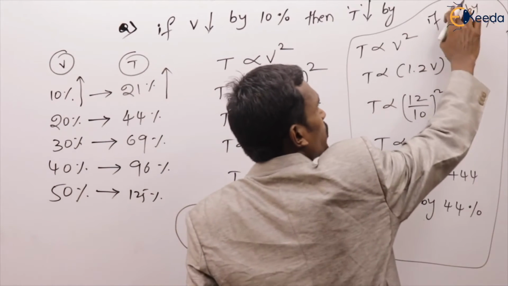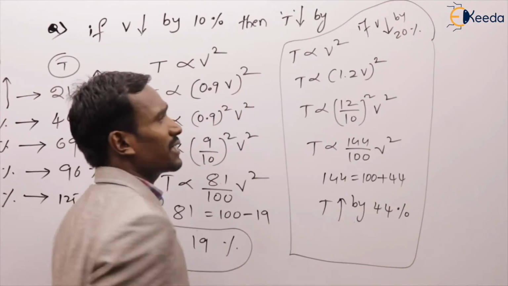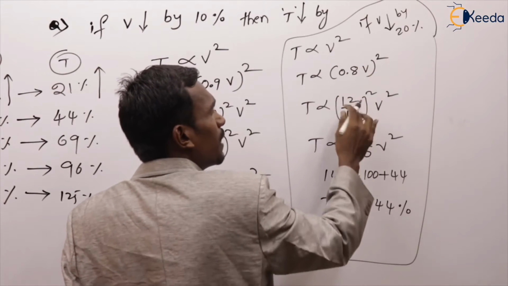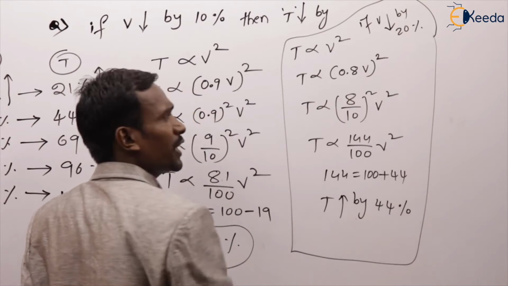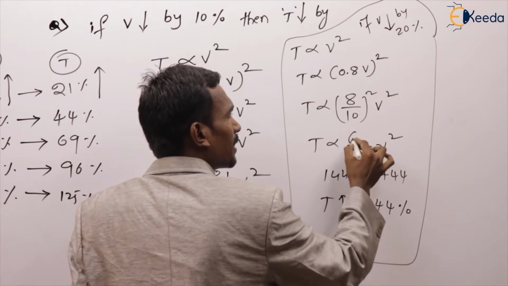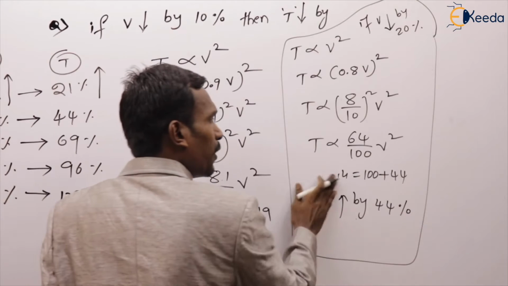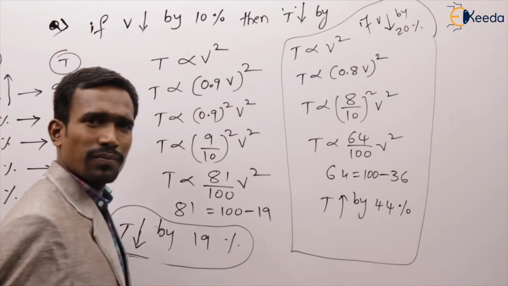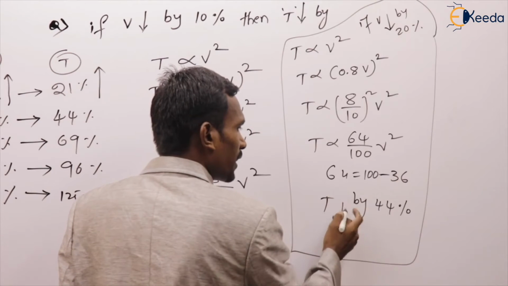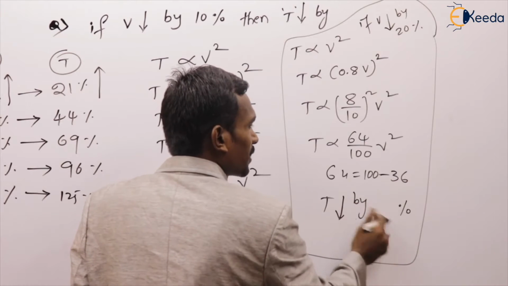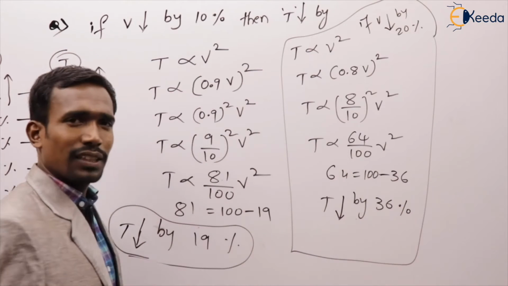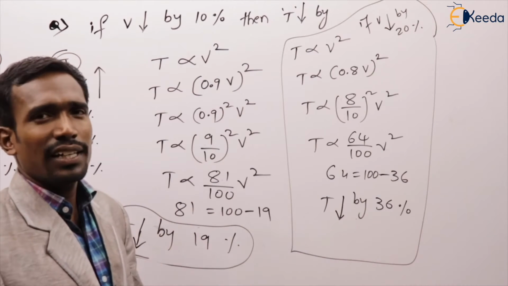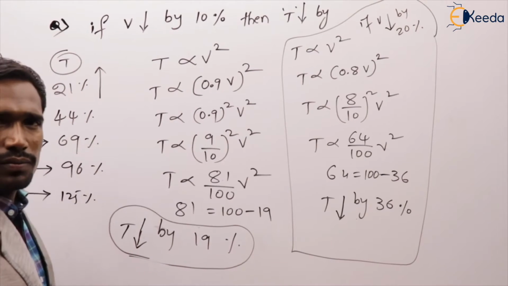If voltage reduced by 20%, it is 0.8 into V, which is 8 by 10 into V square. 8 square is 64, nothing but 100 minus 36. So, if voltage reduced by 20%, torque reduced by 36%. Like that, you have to do all those values.